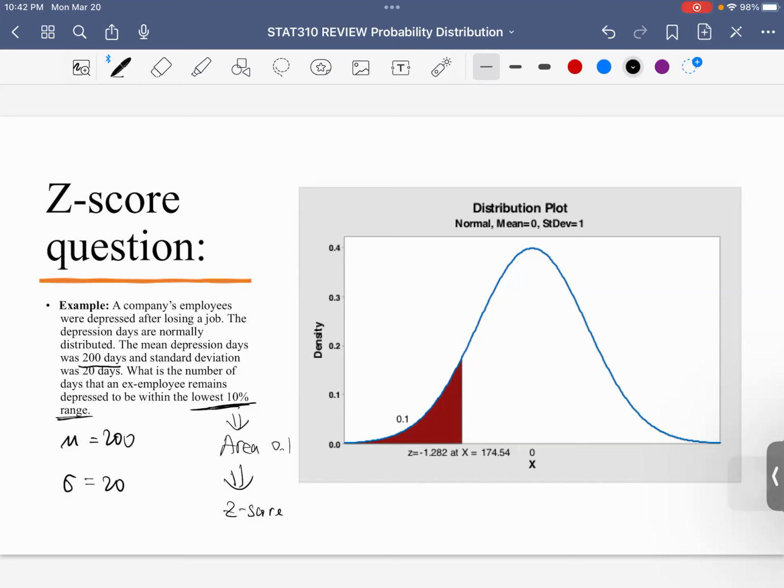And you got the z-score. If you remember this equation, you will find that you've got the z-score already. You know the mu, you know sigma, and you can always solve for x. And that's it for today's review. Thank you.